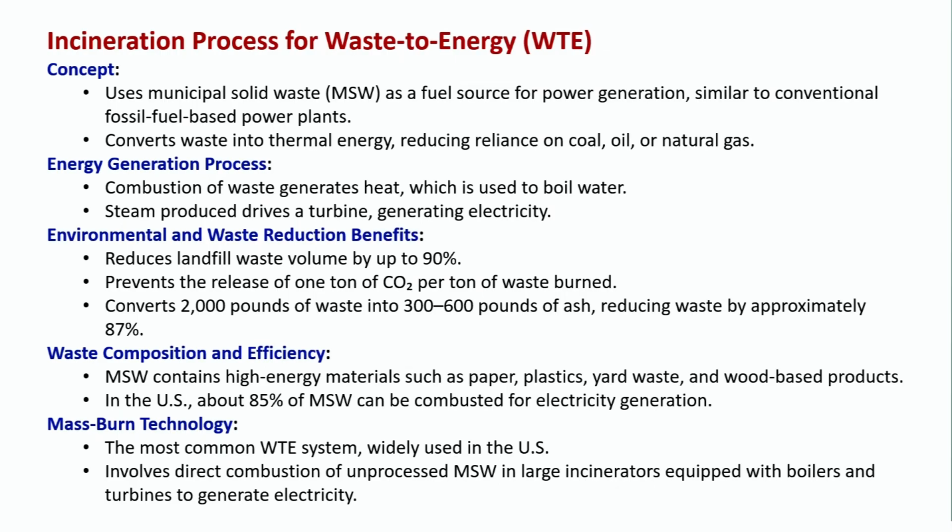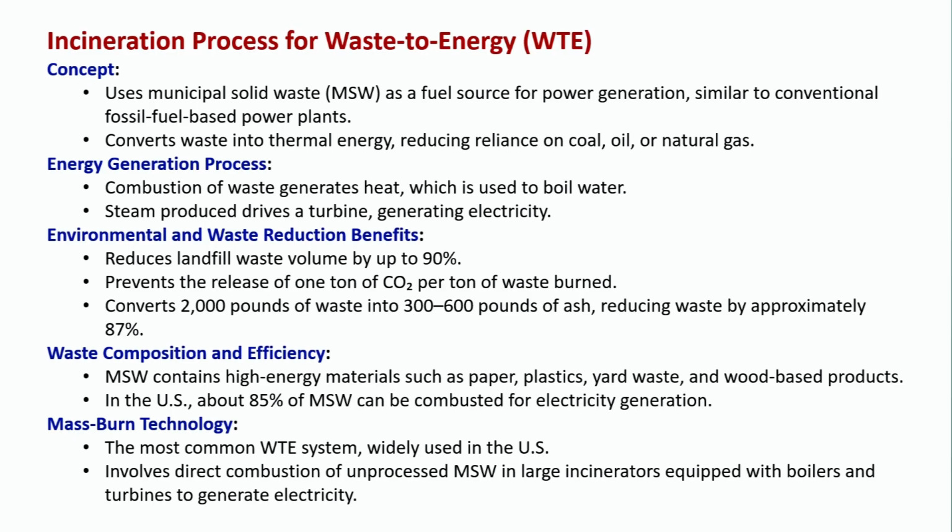That is a huge power, particularly with reference to converting huge bulk waste into a smaller amount. On waste composition and efficiency, solid waste contains high energy materials such as paper, plastic, yard waste and wood based products.